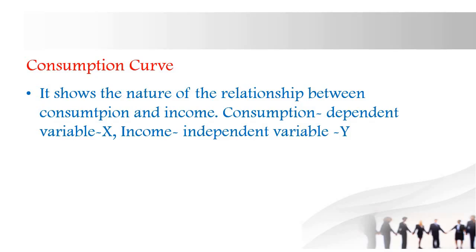Next term is the consumption curve. The consumption curve shows the nature of the relationship between the income and consumption. In the curve drawn on a graph sheet, the dependent variable, that is consumption, is measured on the vertical axis. The income is the independent variable that is measured on the horizontal axis.